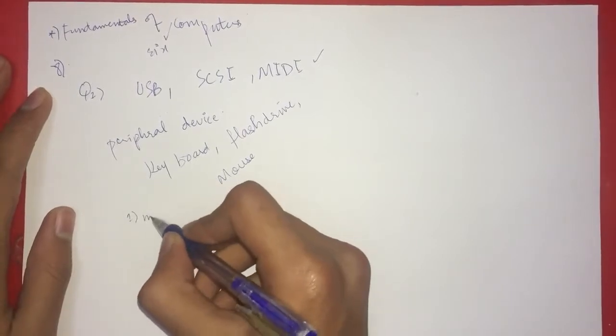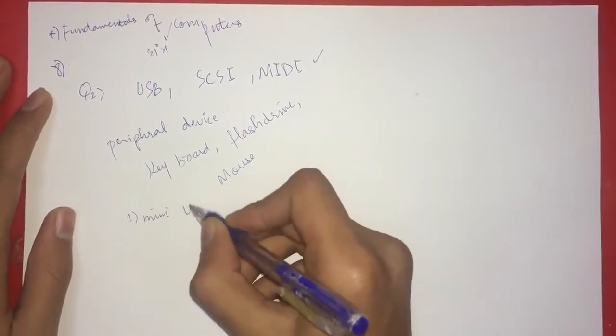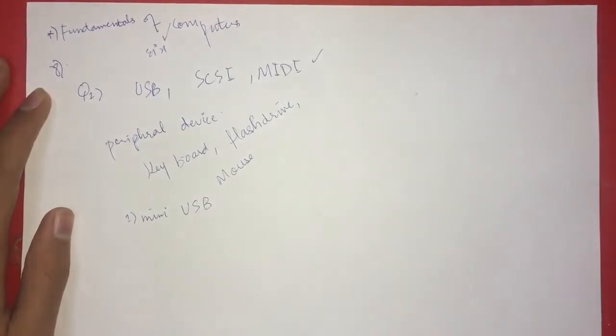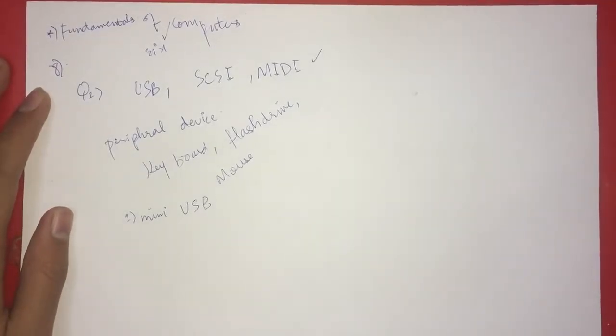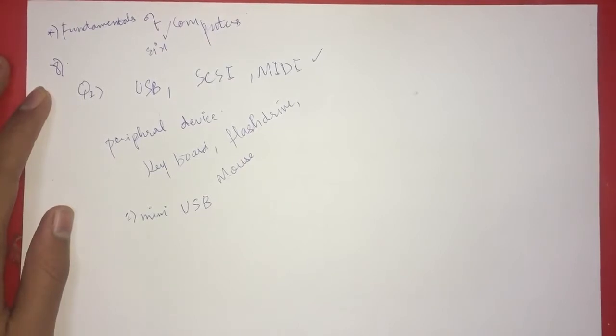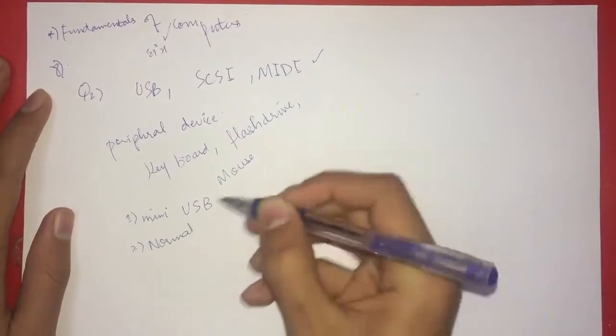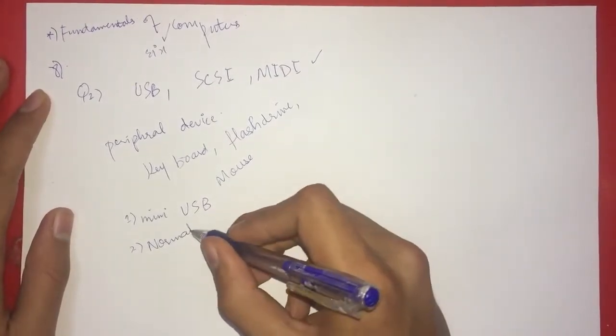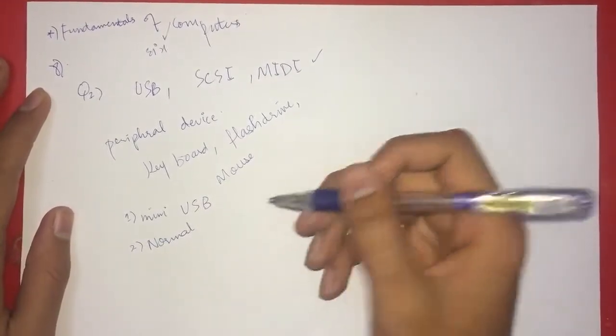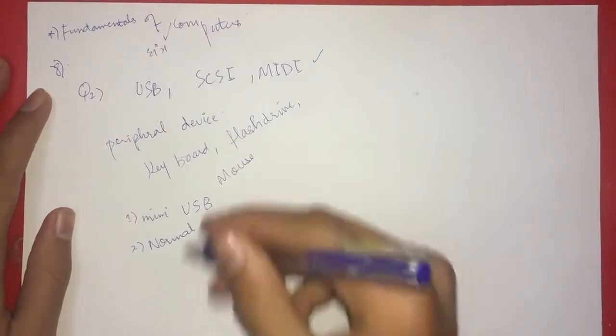There is a mini USB port, which is used to connect your mobile chargers or any cables to transfer data. Then you have the normal USB port, through which your keyboard, mouse, and flash drive are connected to the computer. So these are the peripheral devices.